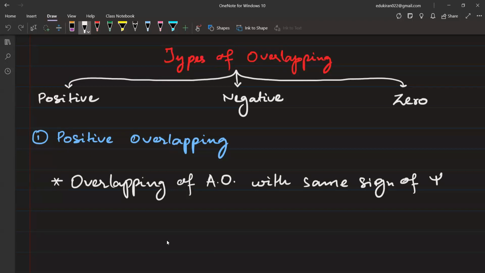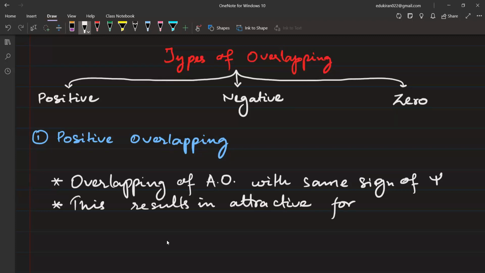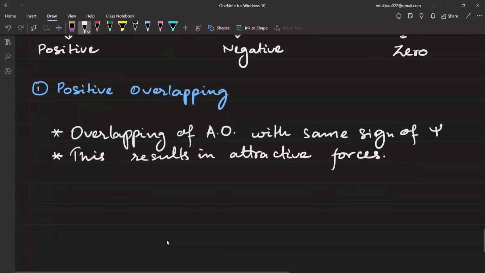We have seen psi in atomic structure; it is the amplitude. So when the amplitudes have the same sign, there will be positive overlapping. And please write, this results in attractive forces.